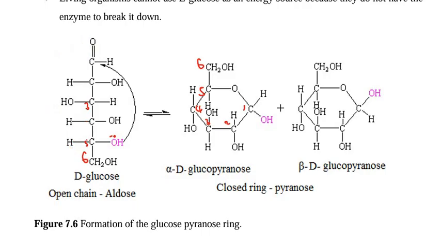However you understand it, all we are saying is that D-glucose can be changed into either an alpha or a beta form. You won't produce both of them at once. Here we should have been writing O, not plus. We can either produce the alpha glucopyranose, or the beta one, depending on the location of the hydroxyl group.